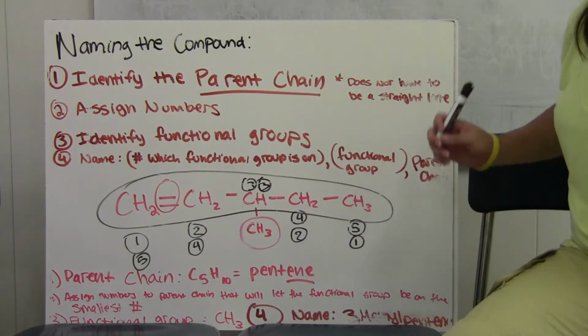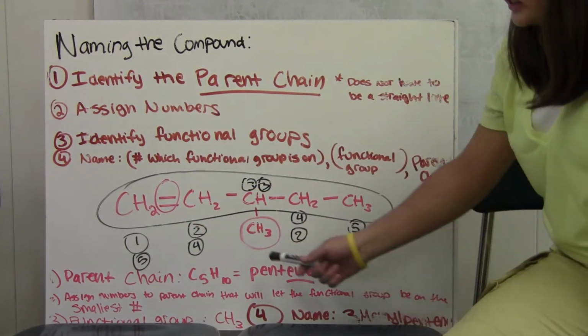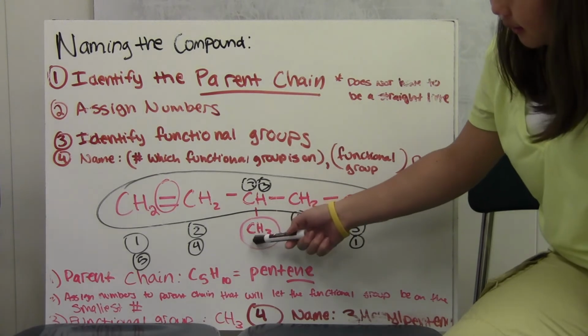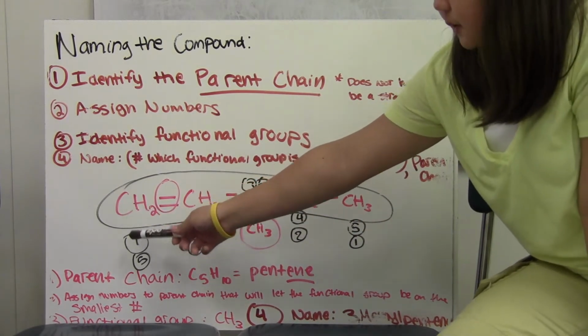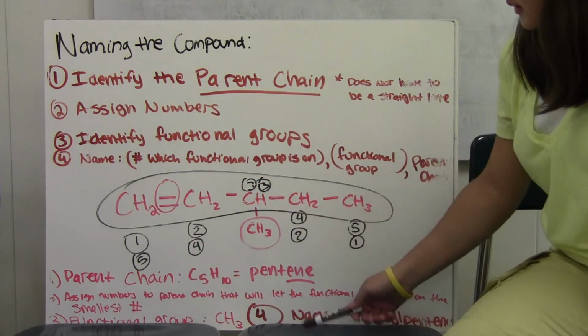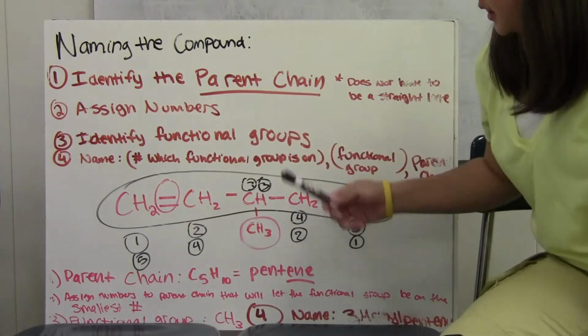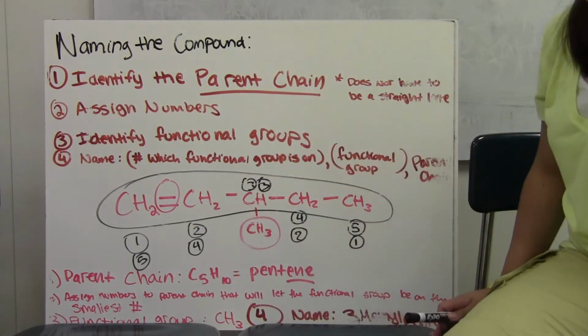Keep in mind that a parent chain does not have to be in a straight line like this. For instance, if we had more branches coming down off here, the parent chain would most likely be 1, 2, 3, 4, 5, 6, however many it was going down, if this was the longer chain, making an L-shaped chain longer than the straight line chain here, making the L-shape the parent chain.